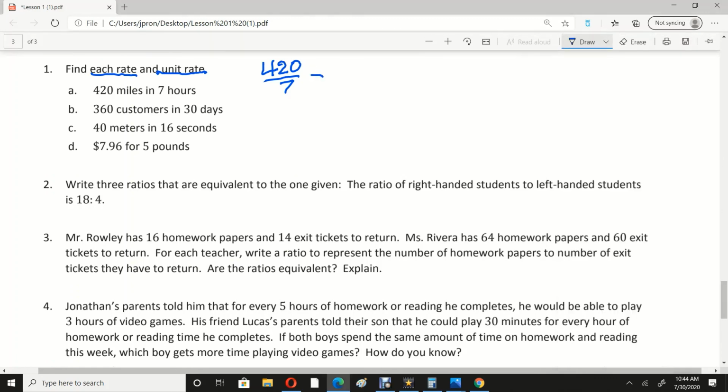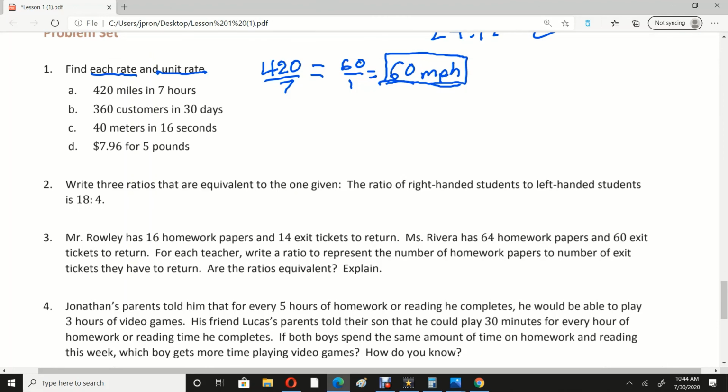So in this case, our unit rate is 60 over 1, or just 60. 60 miles per hour, right? And this is your unit rate. This is the description. You can write this all the way out if you'd like. If you want to just write the rate with the unit rate in it, that's fine. I don't need it separated per se.